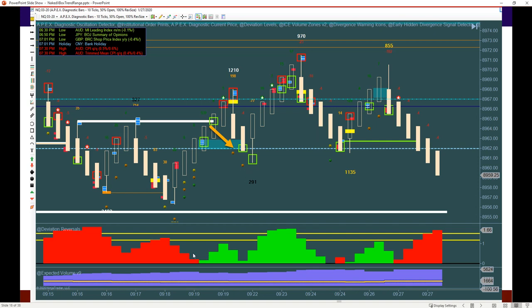But let's just say that the DR was red, and you had an exhaustion box and trapped orders, and it closed short. Just 5 ticks away or 4 ticks away, what do we have right here? What is this level? An NQ wall. And we do not take naked exhaustion box trades into an NQ wall.